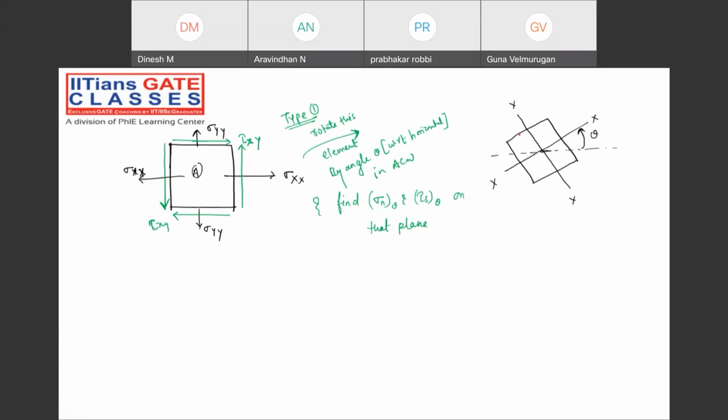Just think of this question and let me know whether you have understood this rotation. See, from the horizontal axis, I have rotated this element anti-clockwise. Check it out. This was my original x axis, and this was my original y axis.